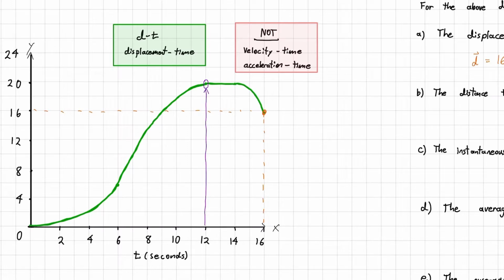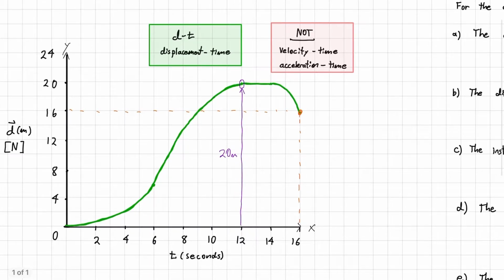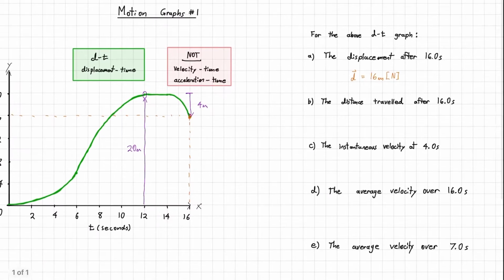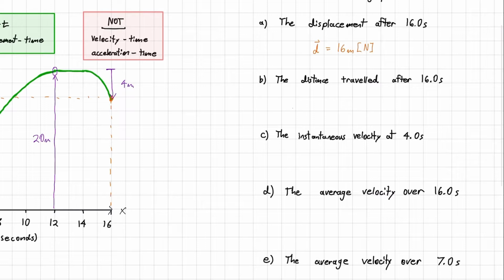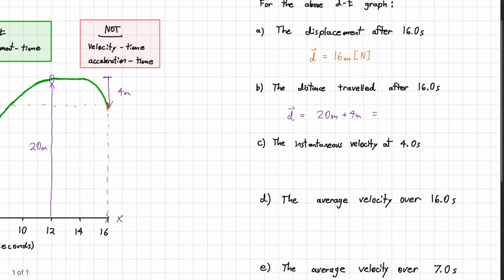This is 20 meters north, and then we start going south 4 meters. So for the total distance, we are looking at adding 20 meters plus 4 meters. That is, hope we can do this without a calculator, 24 meters, and there's no direction associated with distance.